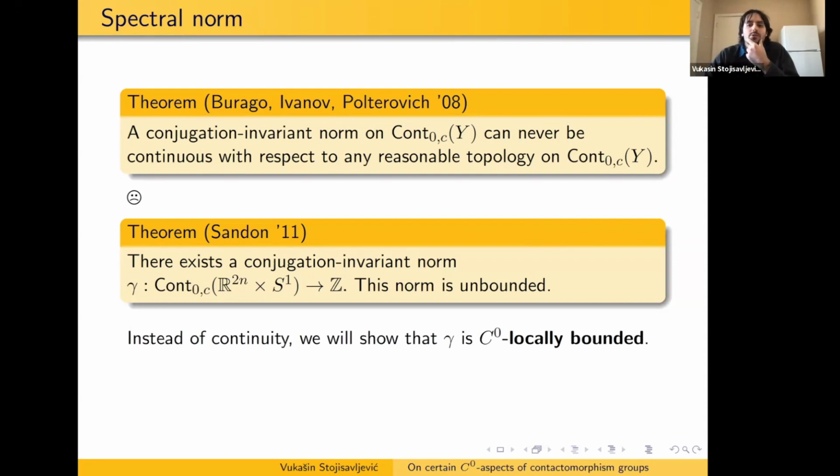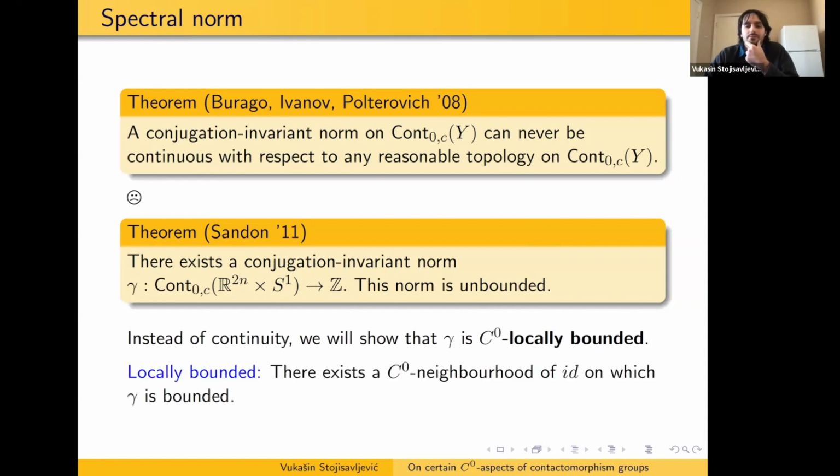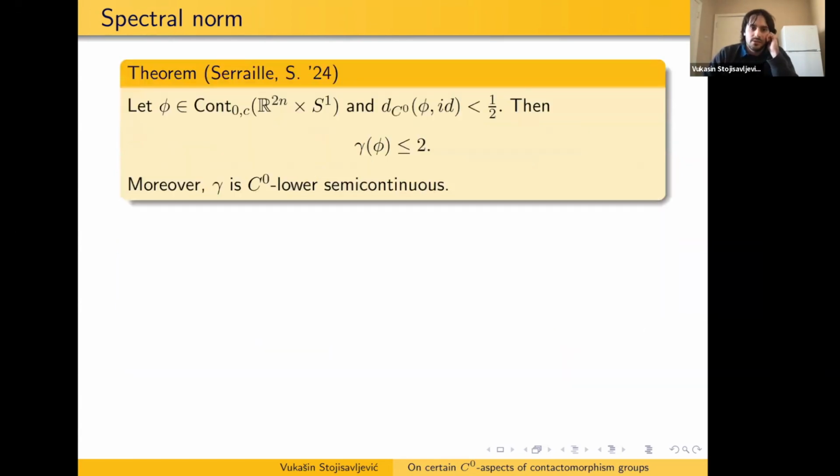But if you're locally bounded, you can still do a lot with this. Just to remind you, this means that in some C0 neighborhood of the identity, gamma is bounded. So we want to stick to this notion, and in fact, our first result says that gamma is C0 locally bounded.